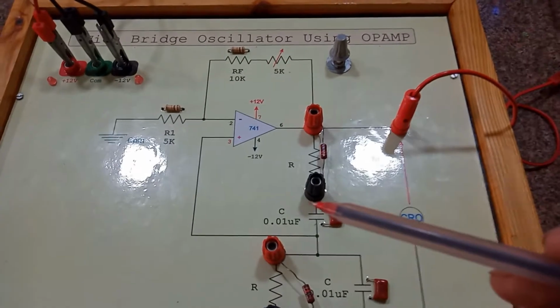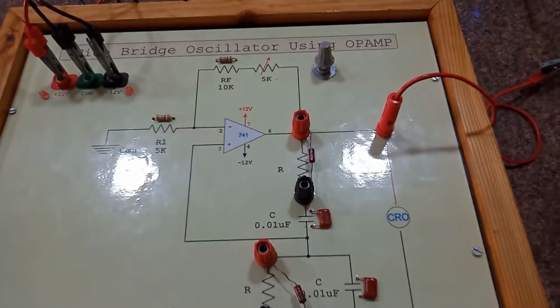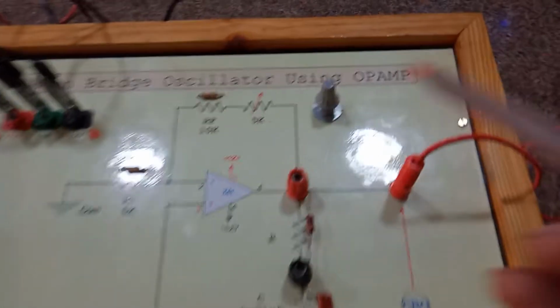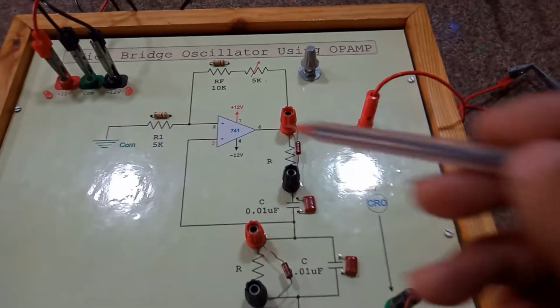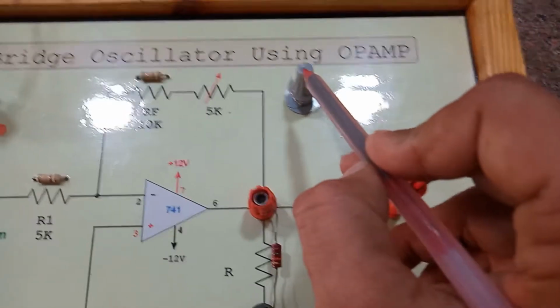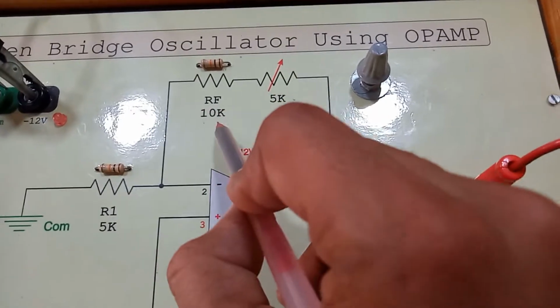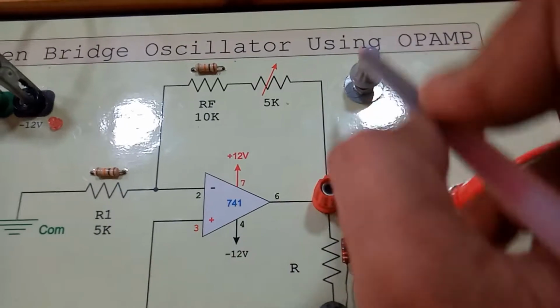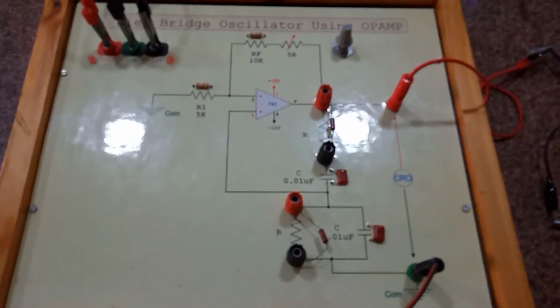It will not be able to give the unity value. So in order to obtain that condition, we have a variable RF connected in series with 10K, and a 5K variable RF is connected. So this is all about the Wien bridge oscillator circuit.